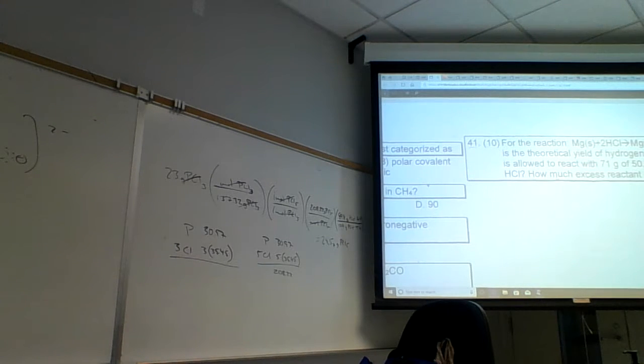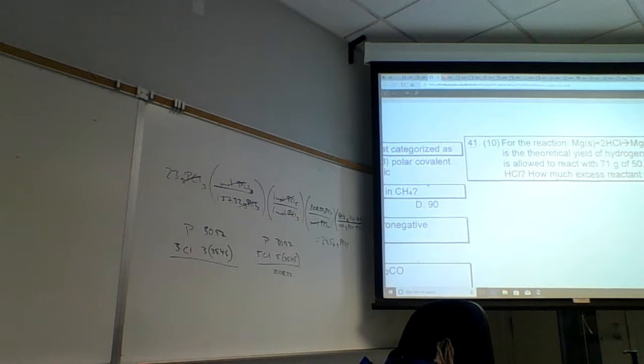What if hydrochloric acid was the limiting reagent? Then that makes it tough. If hydrochloric acid is the limiting reagent, then this is a level harder. Let's find out, because I don't remember what I did.